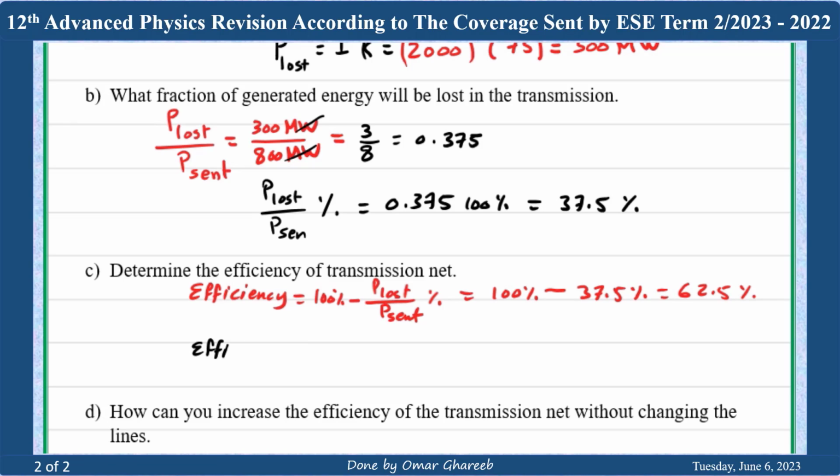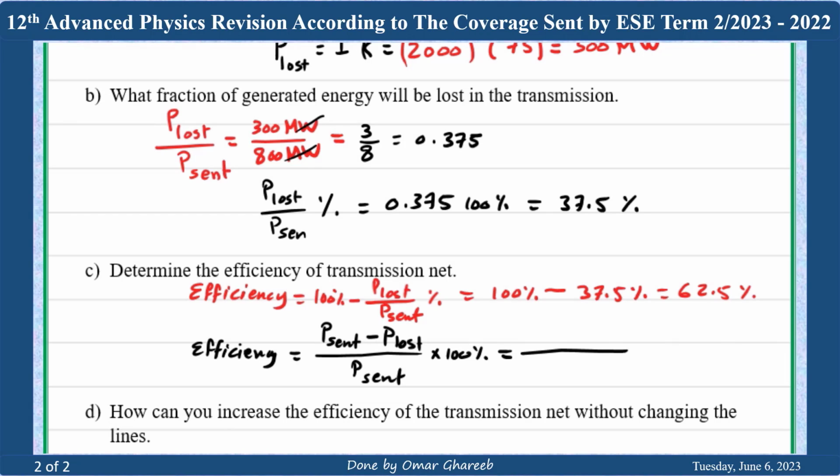There is another way to find the efficiency. Efficiency equals P sent minus P lost, which is the received quantity, over P sent, as a percentage.